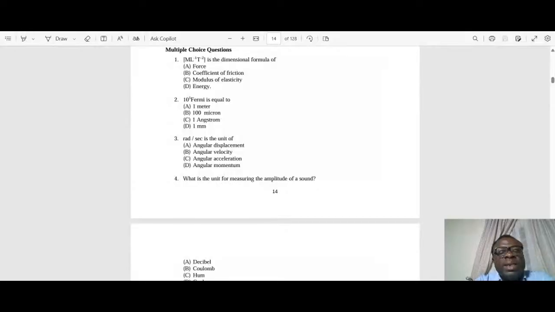So the answer is C, modulus of elasticity.